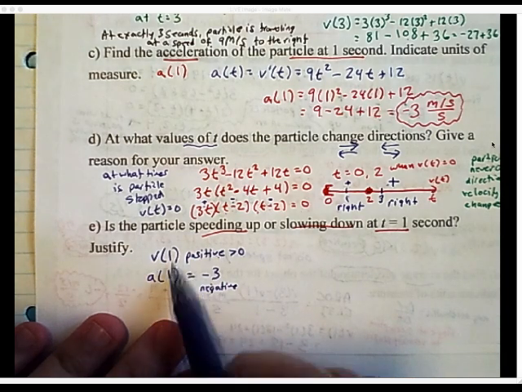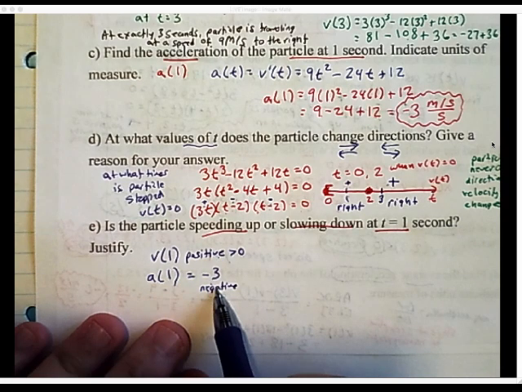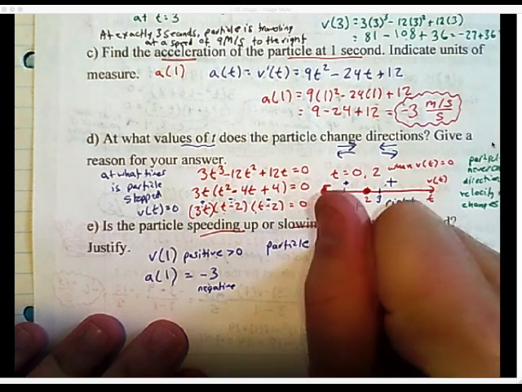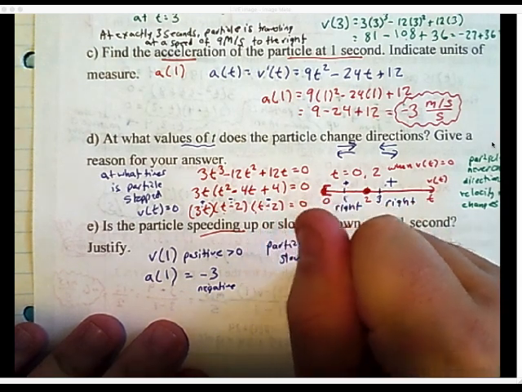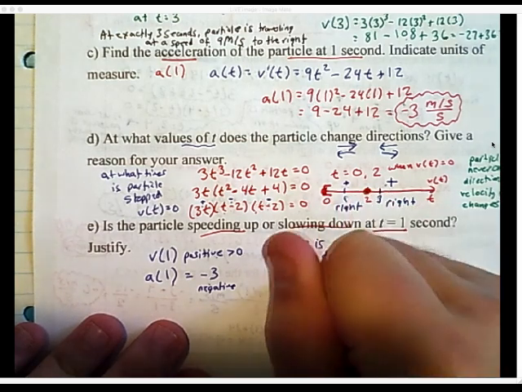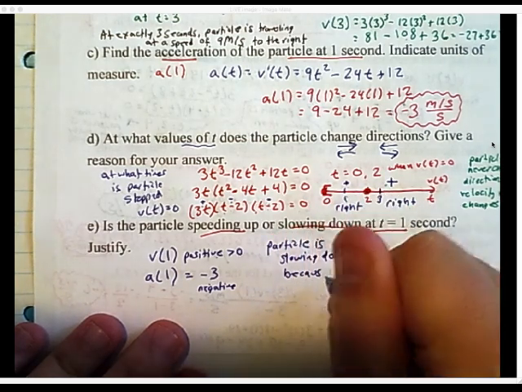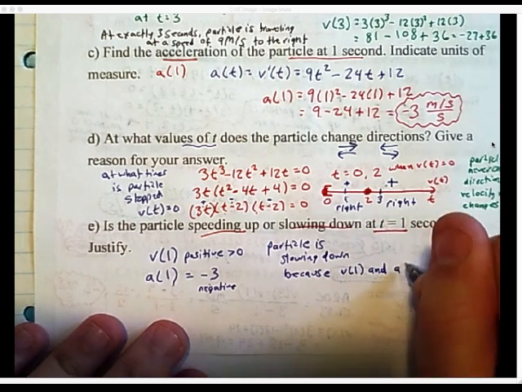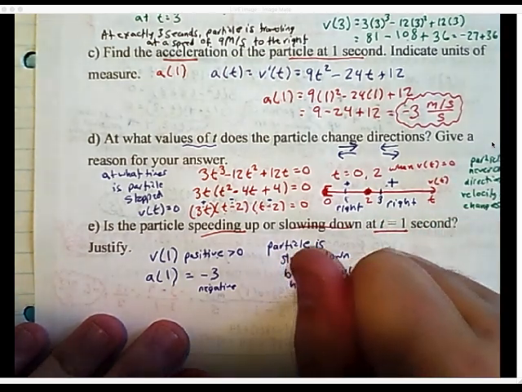V of 1 is positive, but A of 1 is negative. So at this time, velocity and acceleration have opposite signs. So that means the particle is actually slowing down. Because, and here's your justification, V of 1 and A of 1 have opposite signs.